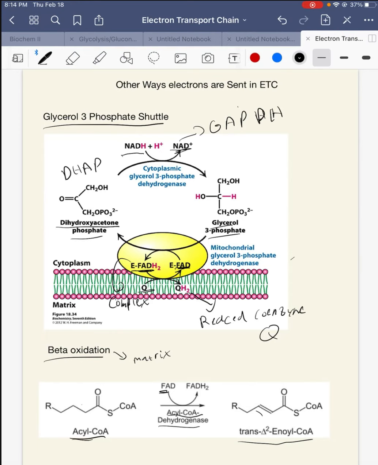So FAD gets reduced to FADH2 because those electrons need to go somewhere. FAD is the one that accepts them, and because this happens in the matrix, FADH2 can go directly into the ETC. Okay.